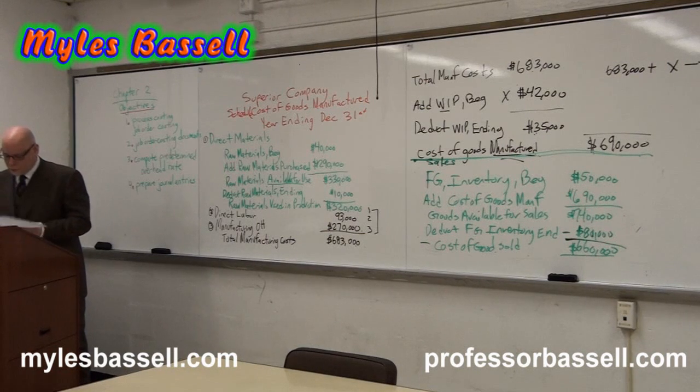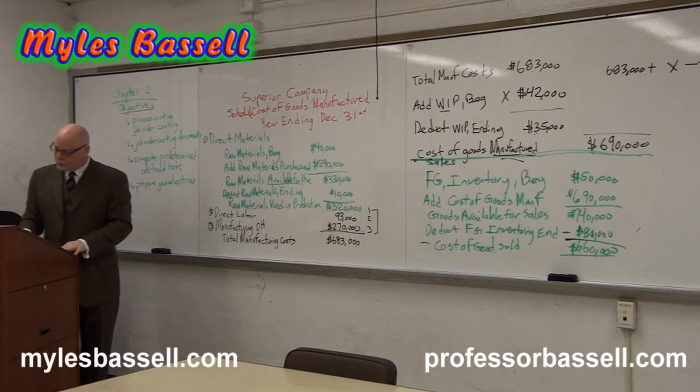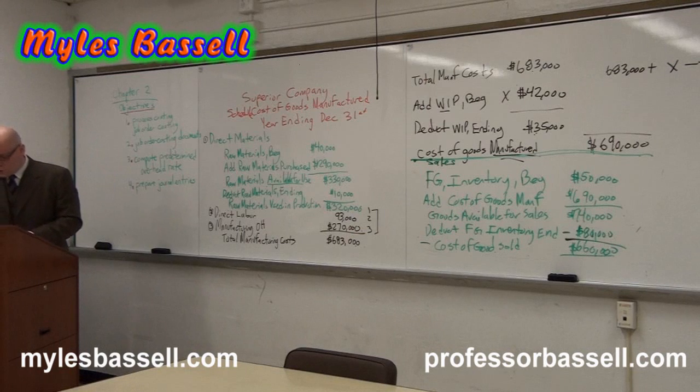All right, so let's talk about job order costing and process costing from chapter 2. So they're not the same. Who can tell us what the difference is between process costing and job order costing?